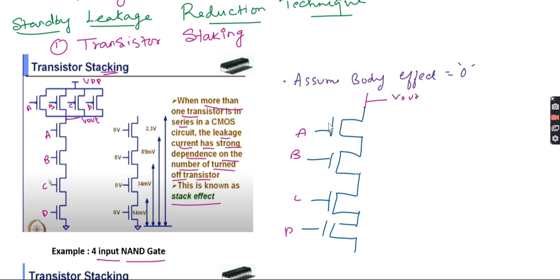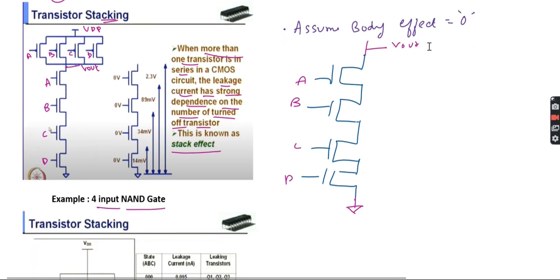Now we can see this is connected to ground. Now you see, what about this potential? I'll put a potential here. We need to know about these potentials. Here the output is there.